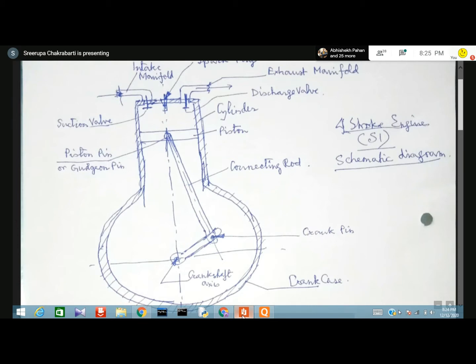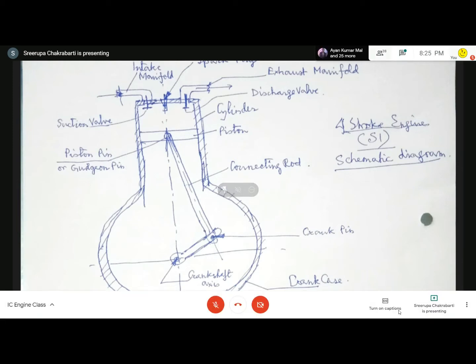So now you can see the piston, connecting rod, crank. Can you see my hand? See, this palm is just like the piston, and this forearm is just like the connecting rod.